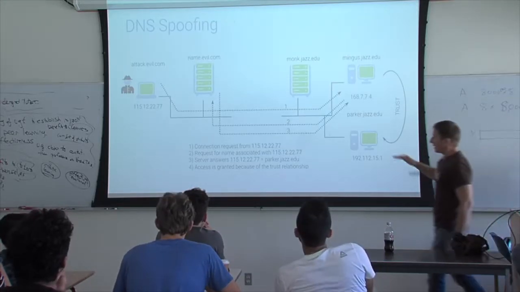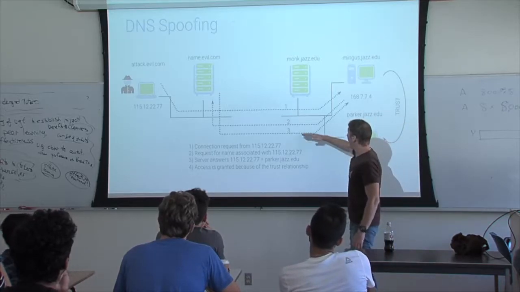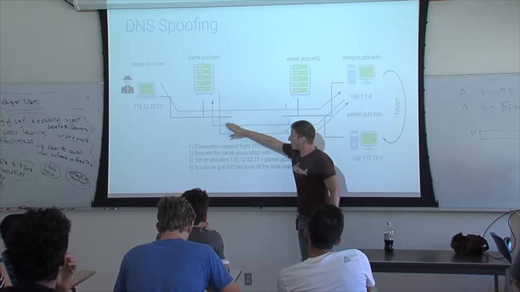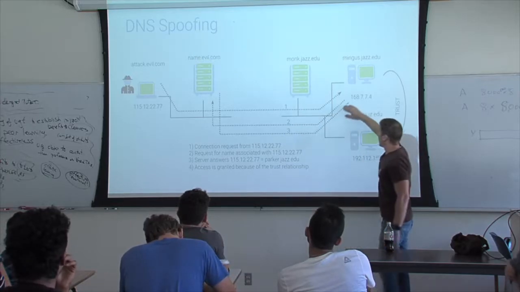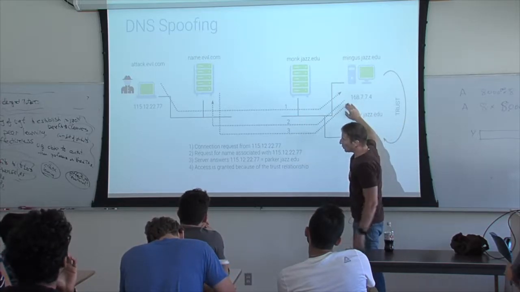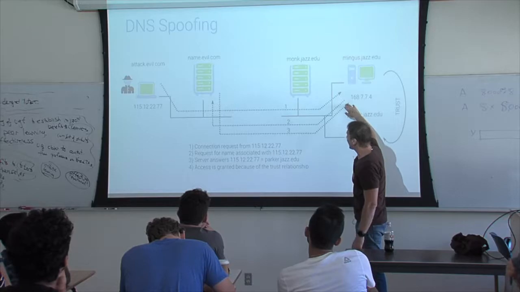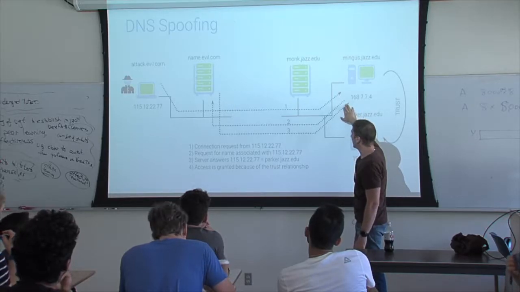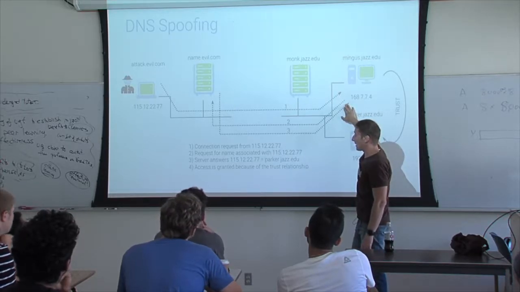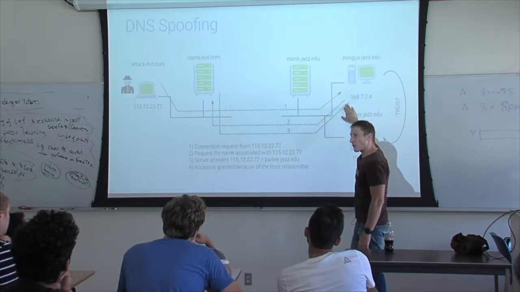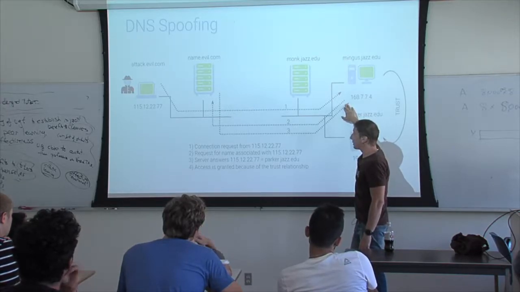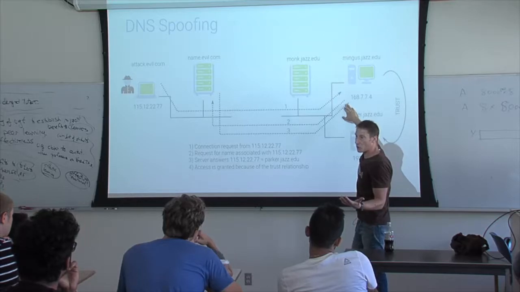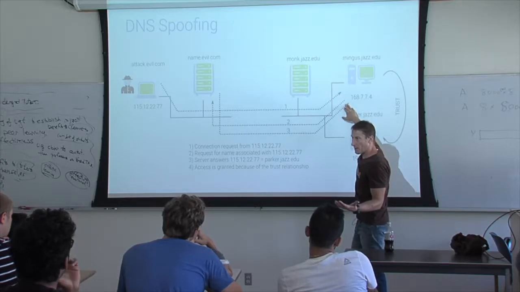Because if you think about it, in that case, things happen differently. So if I do a double reverse lookup, after I get the answer, hey, this IP address 115.12.22.77 is associated with parker.jazz.edu, what do I do next? I say, hey, what is the IP address of parker.jazz.edu? And who is the name server responsible for that mapping?